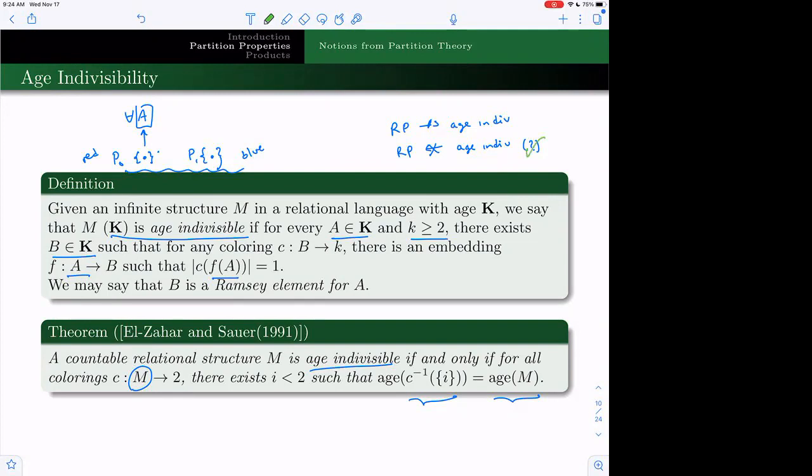Yeah. For the other direction, I think you said that, but I'm not sure if the audience, specifically Itai, caught that.